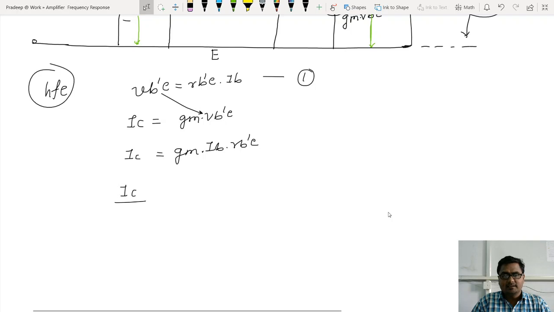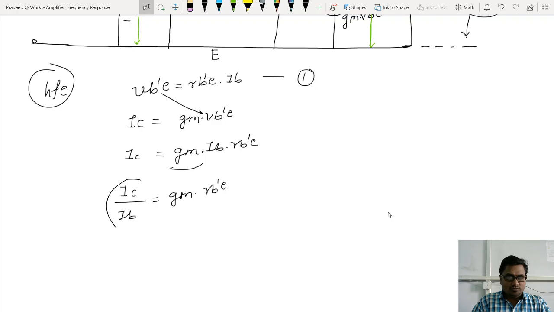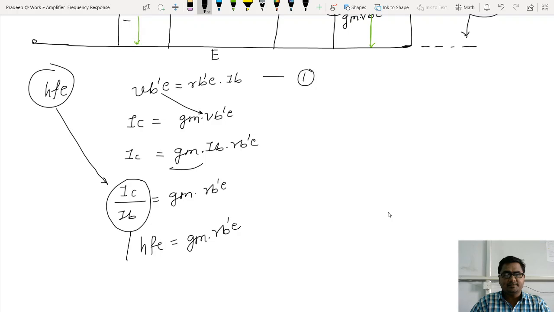Now let me rearrange this. IB will go to this side, then IC divided by IB, which at lower frequency is nothing but your HFE. So HFE, if you want to calculate it at higher frequencies, will be GM multiplied by RB'E.